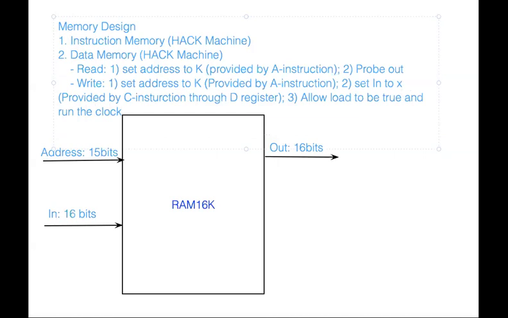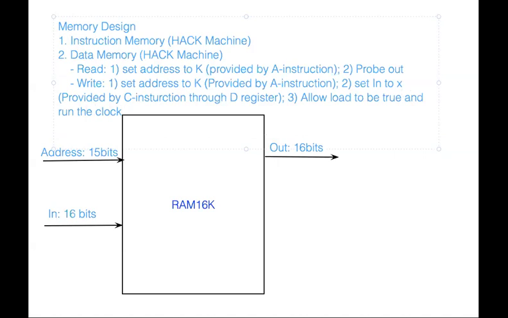The first two are preparation. You set the address, which is the memory address where you want to store the data. And then the next one, you set the value you want to store. Then the third step is what we discussed in our sequential logic.